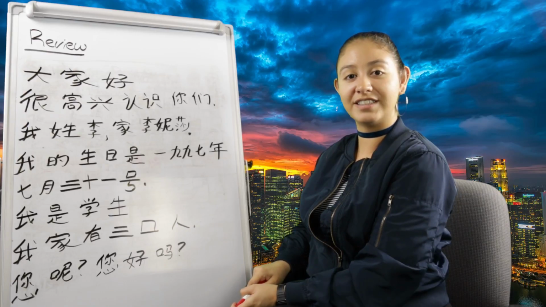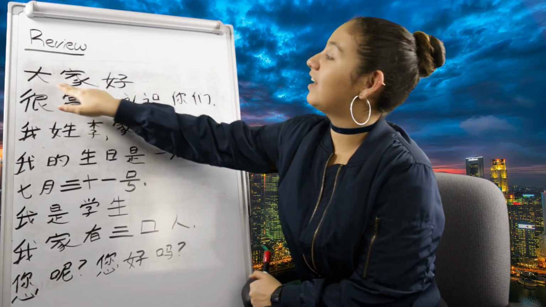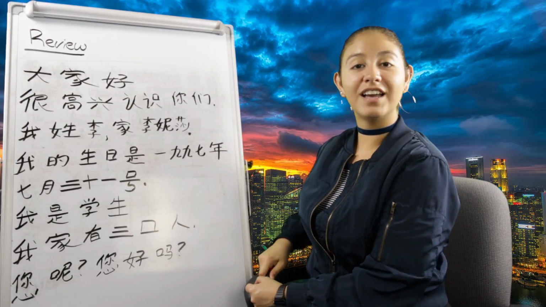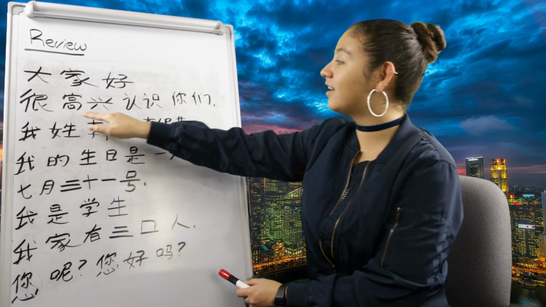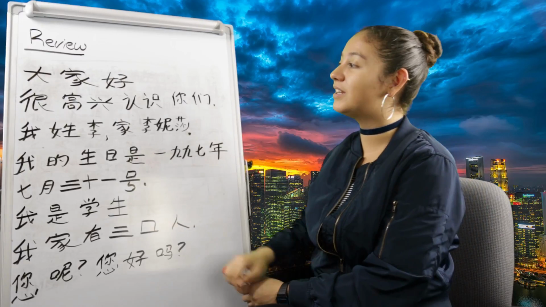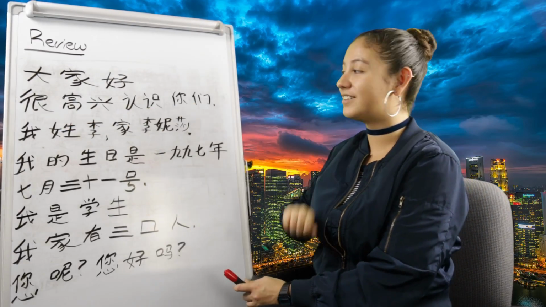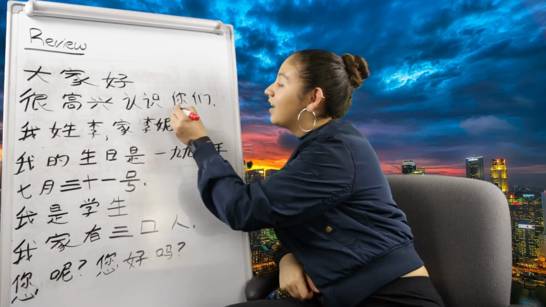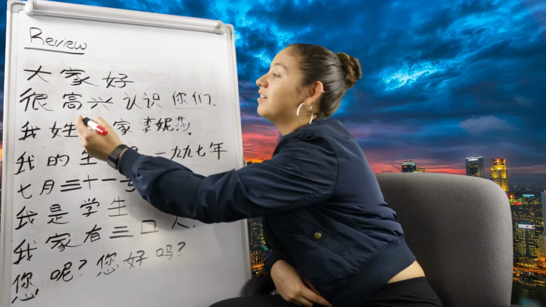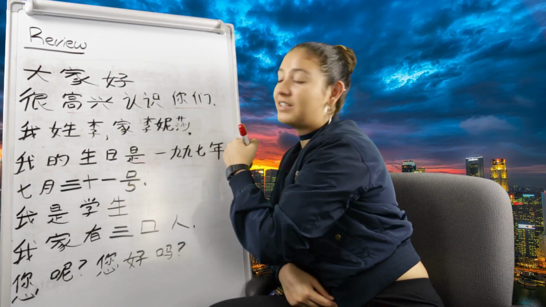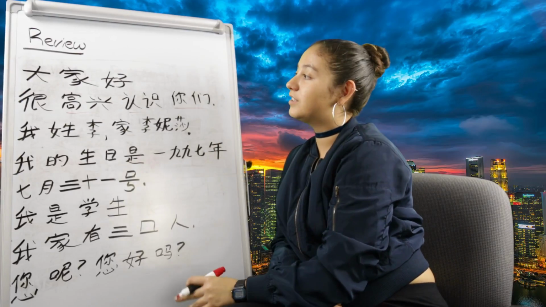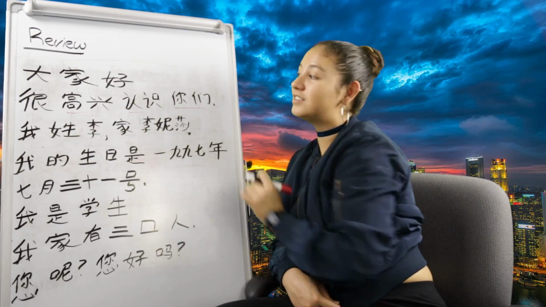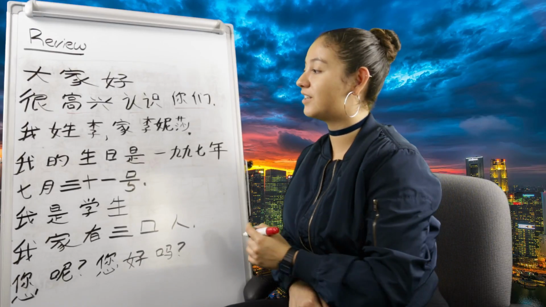Let's go over each sentence. 大家好, meaning hello everyone. 很高兴认识你们, meaning nice to meet everyone. 你们 meaning everyone. Here we have 高兴, which means happy, and then 认识 means to know. Then you have 很高兴认识你们, really nice to meet everyone.